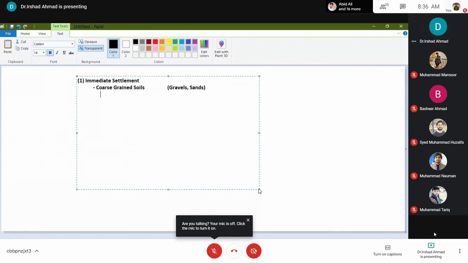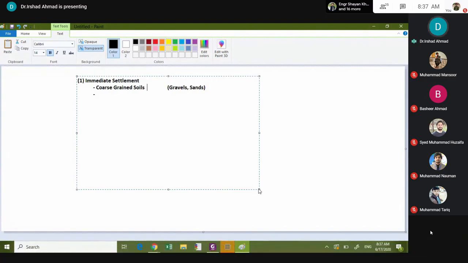They govern whether saturated or unsaturated, in both cases.